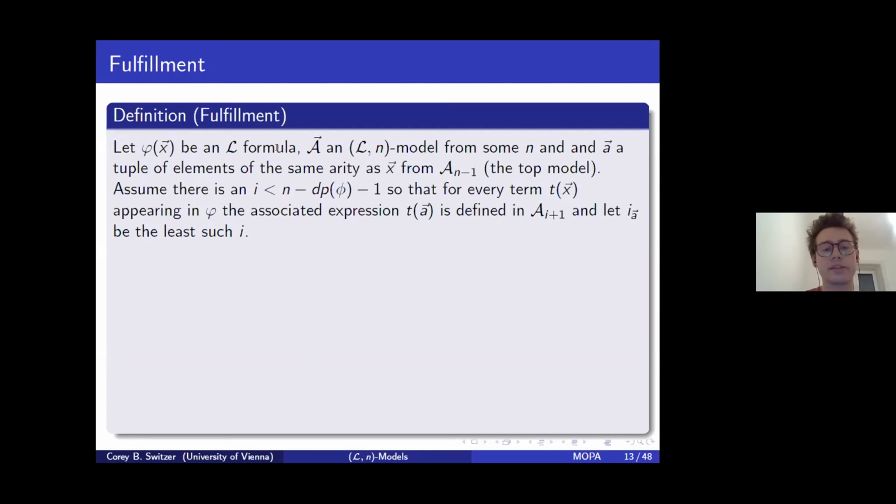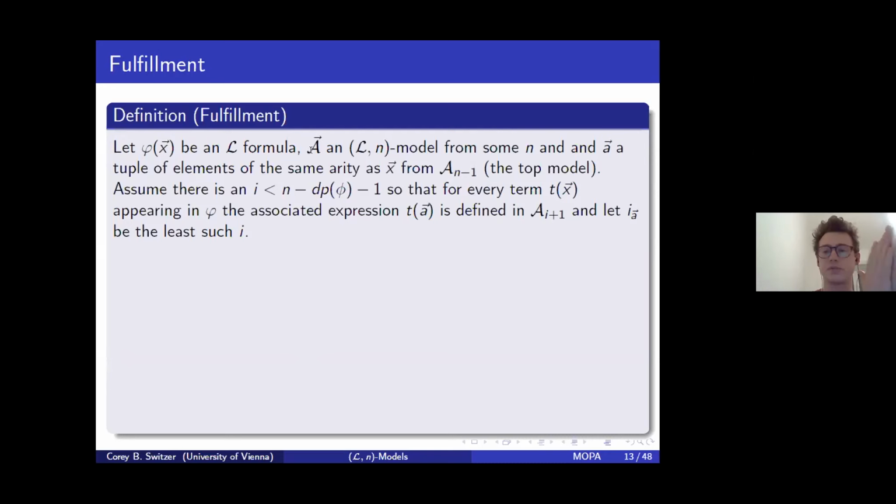I think instead of reading you through this piece here, which doesn't make sense until you've seen an example, which I'm going to give, what I want to say is, for the moment, just pretend that all of the parameters and all of the terms that you would need to deal with for some formula phi live in the first model in some ln sequence.